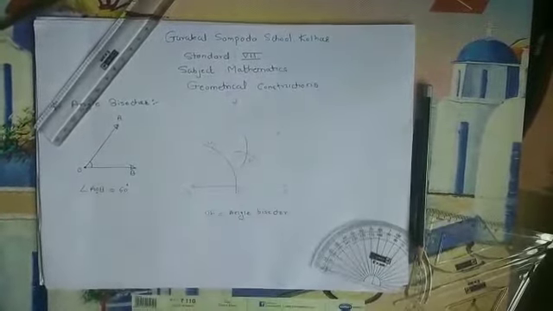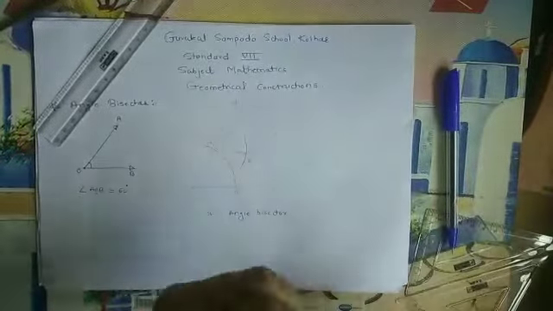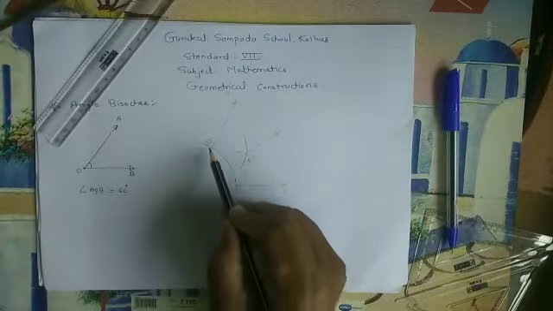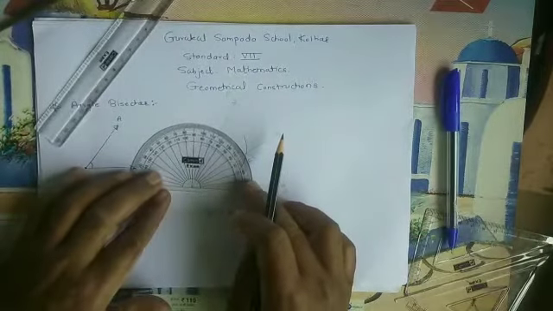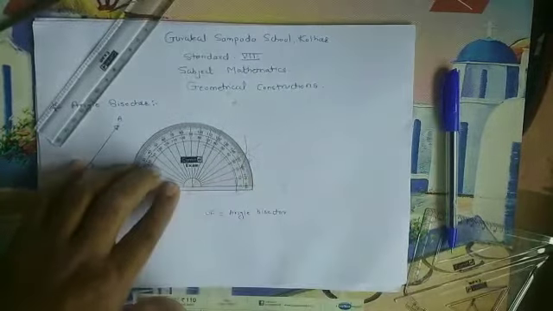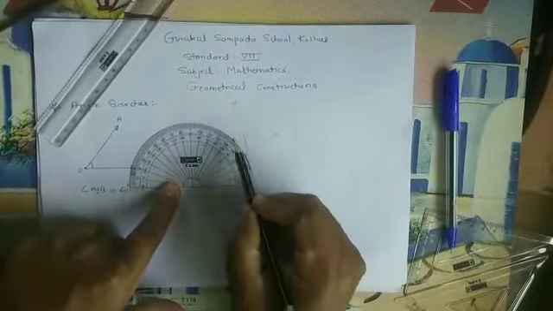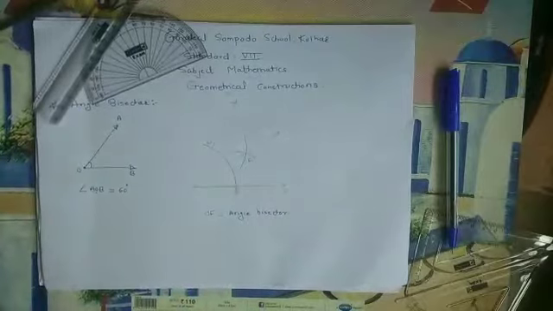Angle bisector. Now if we measure this angle, suppose DOF and FOE, now we measure how much is the value. If you observe, exactly this angle is 30 degrees, and this one is also 30 degrees. This means the ray OF, which is an angle bisector, divides this angle AOB into two equal parts.